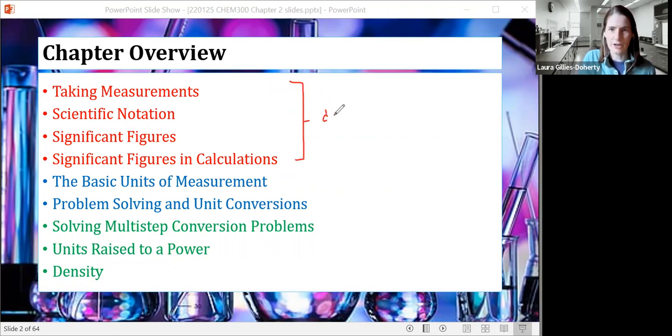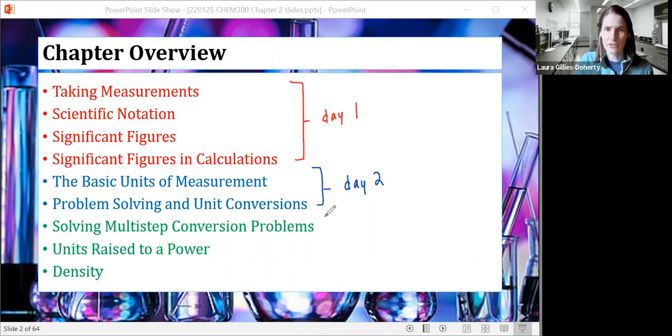So this is day 1, talking about taking measurements, scientific notation, significant figures, and how to use sig figs in calculations. We're going to spend another day talking about units and how to do unit conversions.